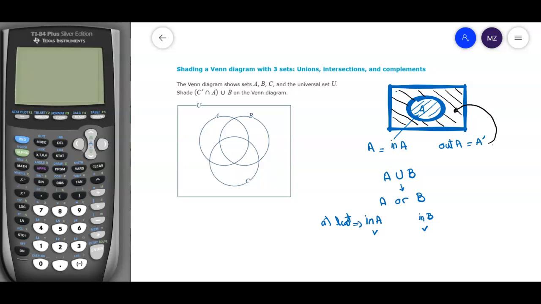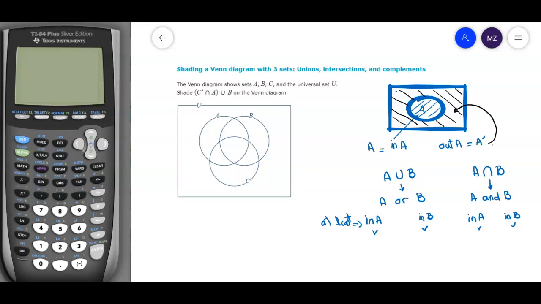The next vocabulary I'm going to be using is A intersect B. The logical word representing intersection is and. So if I have A and B, it means it has to be at the same time in A, and at the same time in B. Both of these statements must be verified.